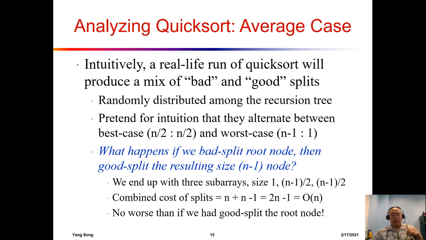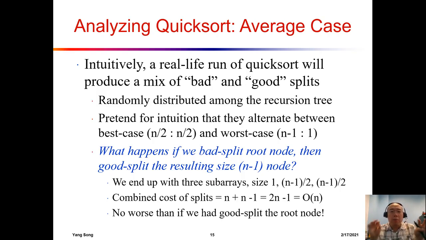Okay, so let's move on. But if we want to do a formal, really rigorous analysis of the average case, we have to consider all the possibilities. This could be something very bad or something very good. For the real case scenario, we don't know. It could be 3% versus 97%, or it could be 41% versus 59%.